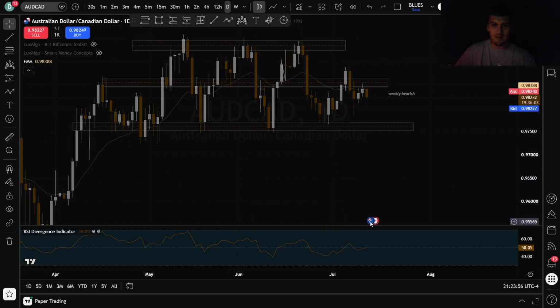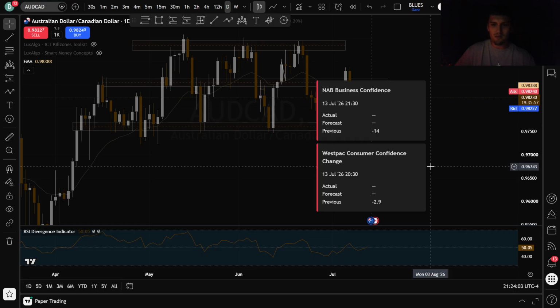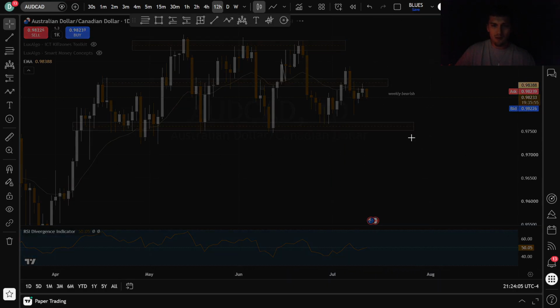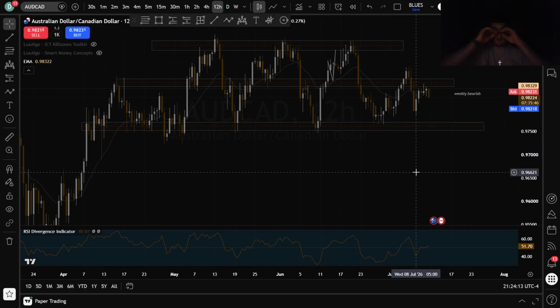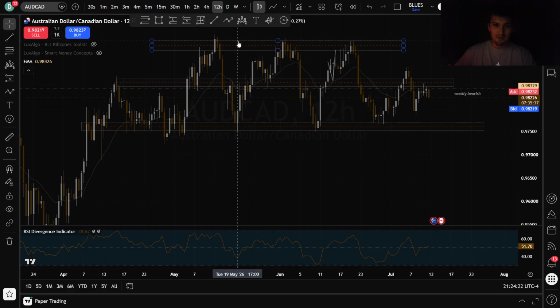And this is the Aussie dollar. We do have news coming in tomorrow for that pair. See how we're just going up, down, up, down, up, down, up, down. So this is typically where you do not want to trade. This is just consolidation. But every time we get up to this zone, we go lower.